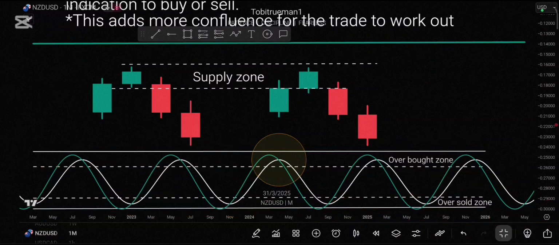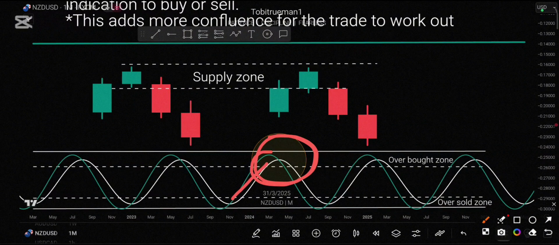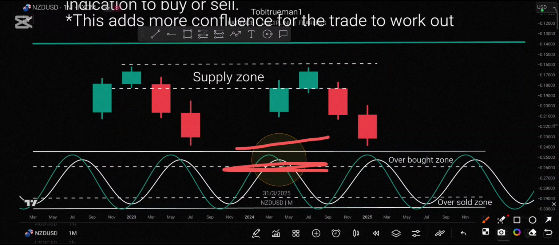Now look at these 2 lines, the green and the white. Mostly when the white and the green lines cross into the overbought zone, it means that price has been buying. There's no time for you to sell, and to add more confidence for you to sell, it is already in the overbought zone, and we also have a supply zone here, so we don't have to switch to any lower time frame.